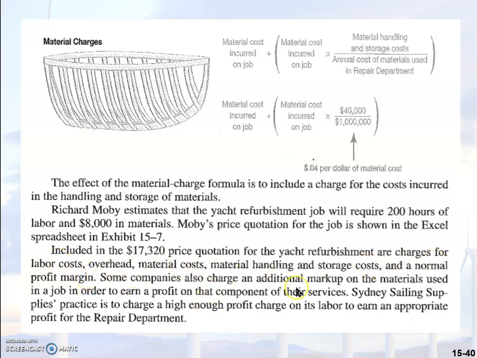Sometimes companies do charge an additional markup on the materials used to have the profit. But in this particular illustration, they do not add a profit charge on top of the cost incurred and on top of the overhead.